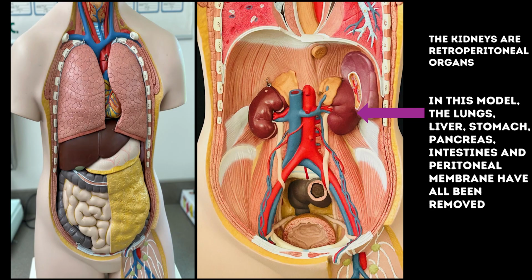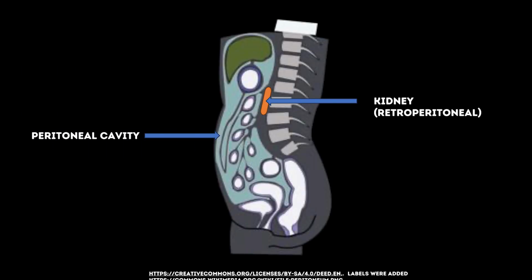The kidney is actually behind that membrane. So the kidney doesn't get the protection of the peritoneum that other abdominal organs get. That said, we have what I like to refer to as the bubble wrap of the kidney, which is the fat that surrounds the organ. Thank goodness for that. Exactly.